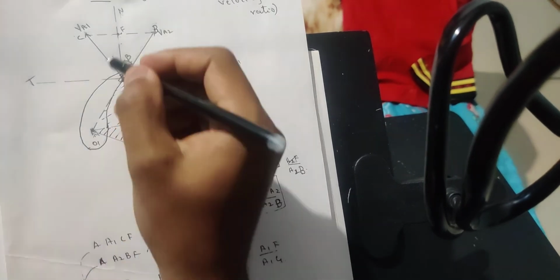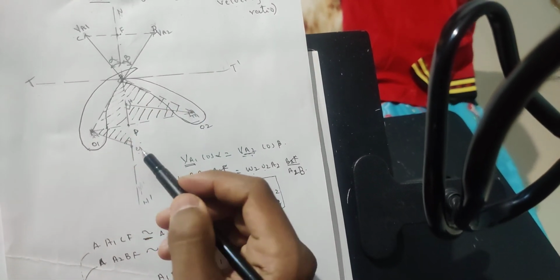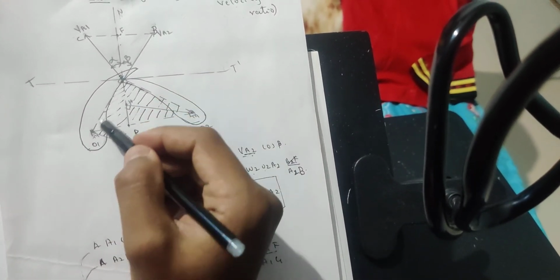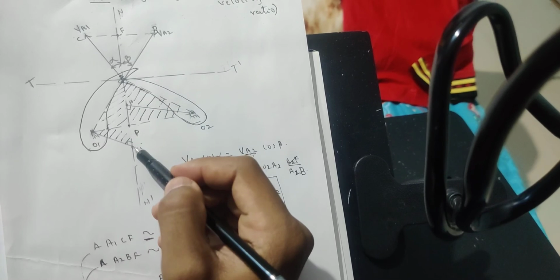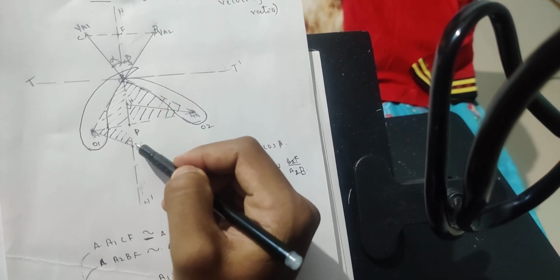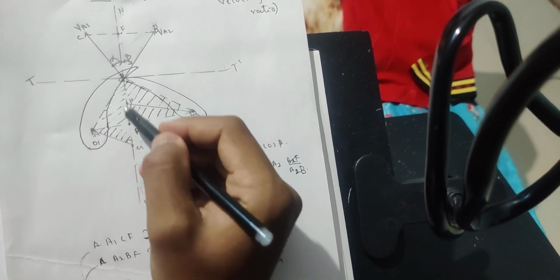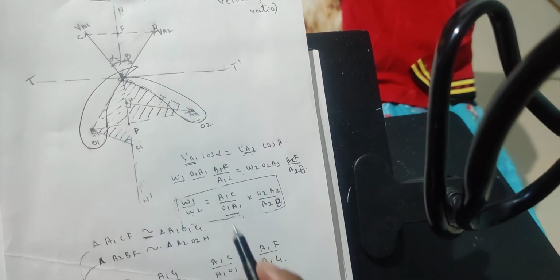So A1F upon A1C should be equal to A1G upon A1O1. The same sides: this will be the base, from the base a 90 degree angle has been drawn, so this will be the opposite, this is adjacent, and this is the hypotenuse.